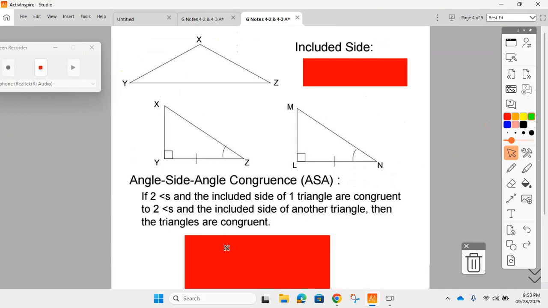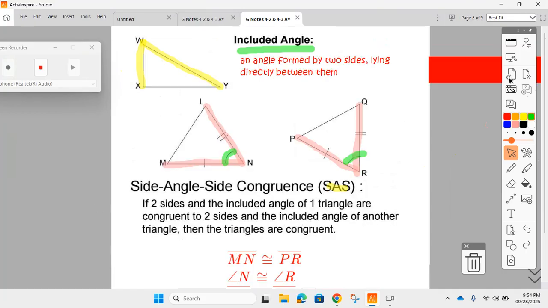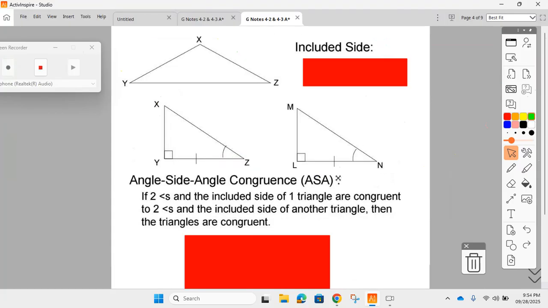Another shortcut. So this one had two sides and an included angle. This one, still only three things to prove congruent, but now it's two angles and an included side. So the side is in the middle of the two angles.